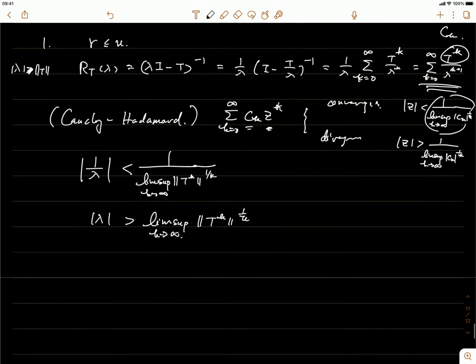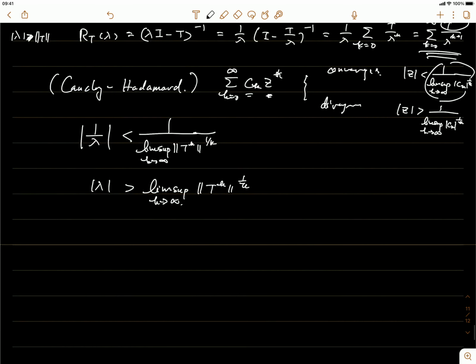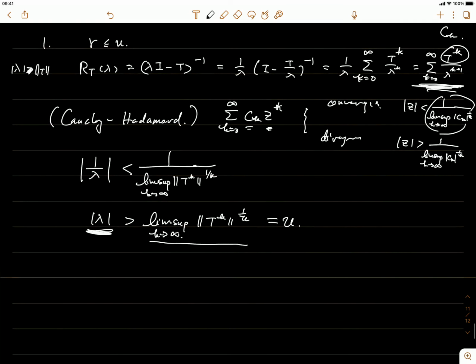Okay, so what this says is that as long as your lambda is bigger than this value, which is the u, the upper limit we mentioned earlier, then this is convergent. And this convergence means that this is actually a bounded linear operator, and that means lambda is actually in the resolvent set.